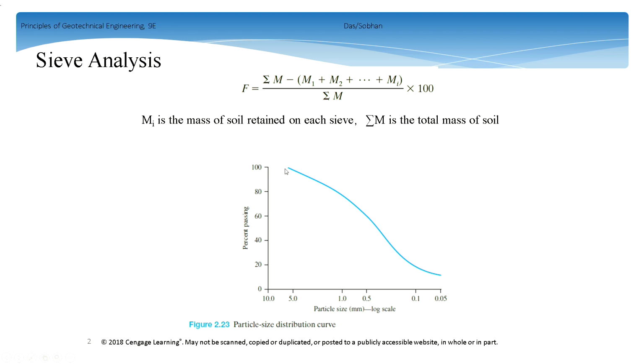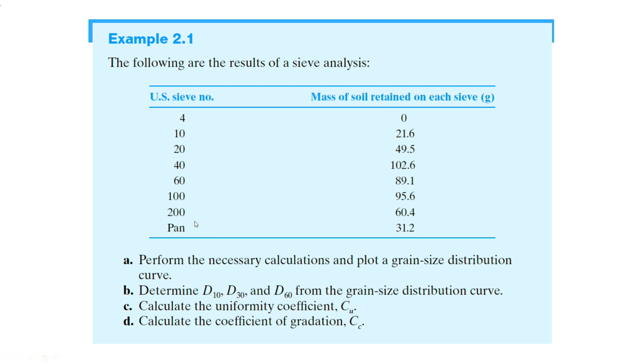Finally, as long as we have the percentage on the y-axis and the particle size, depending on the opening, on the x-axis, then we can draw the particle size distribution curve. Let's see Example 2.1, an example from our textbook.